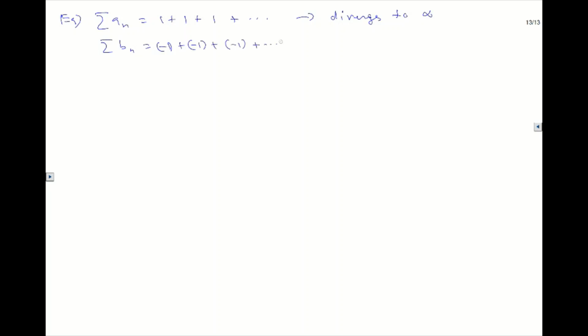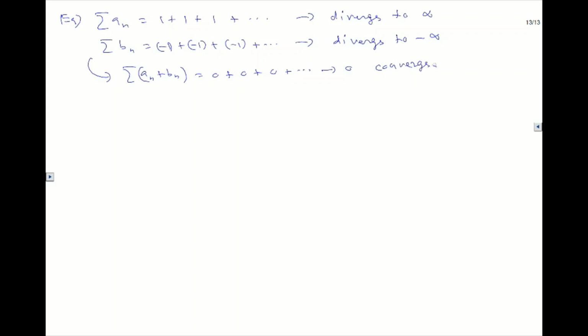I just put the parentheses to exaggerate. This also diverges, to negative infinity. What about the sum an plus bn? You can see that it is simply 0. So 0 plus 0 plus 0, that's just 0. So it converges.